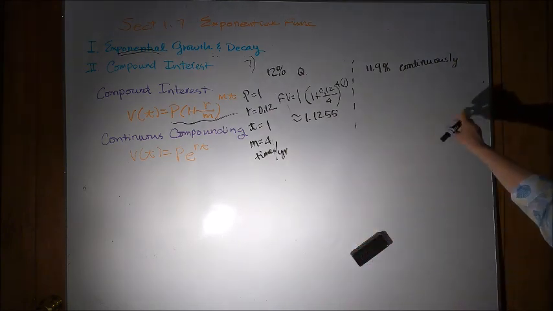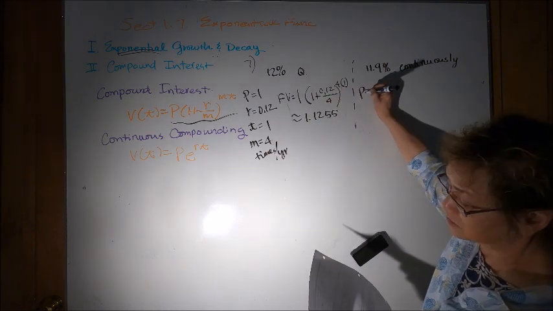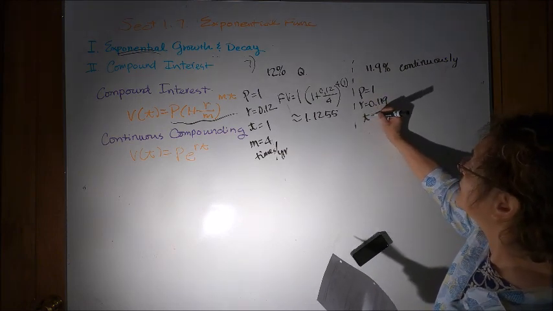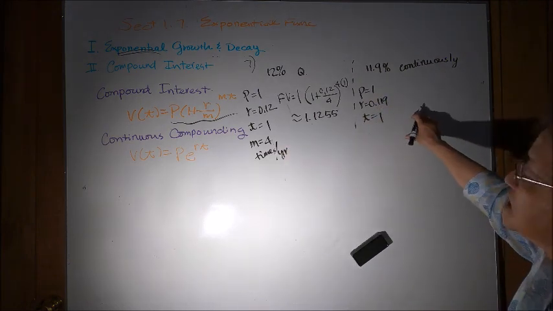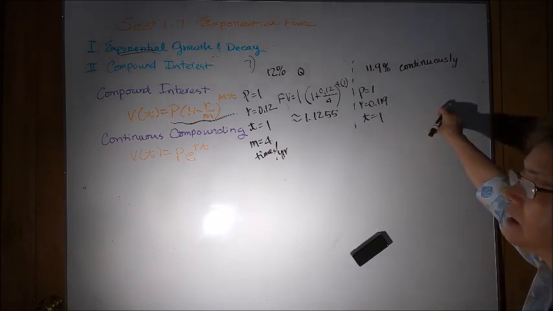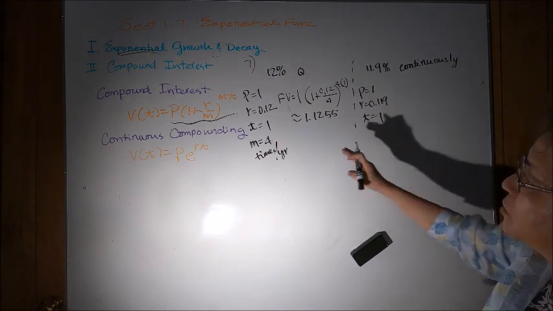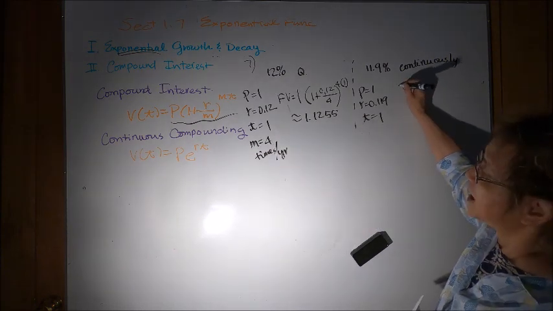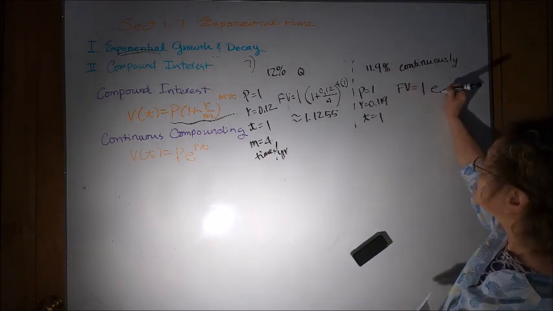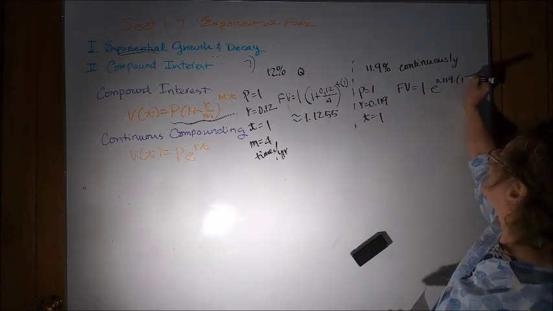And let's take a look. If compounded continuously, P is 1, right? r is what? 0.119. We do 1 year because continuously it's counted by the year, yearly. So we plug in. So what do we have? Your future value would be 1 times e to the 0.119 times 1 year.